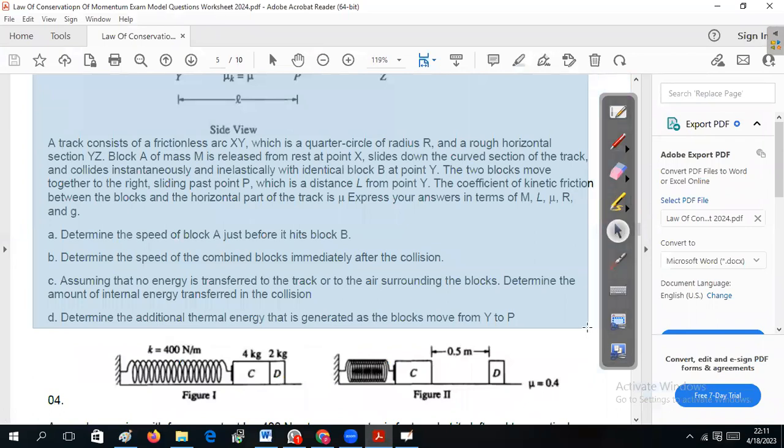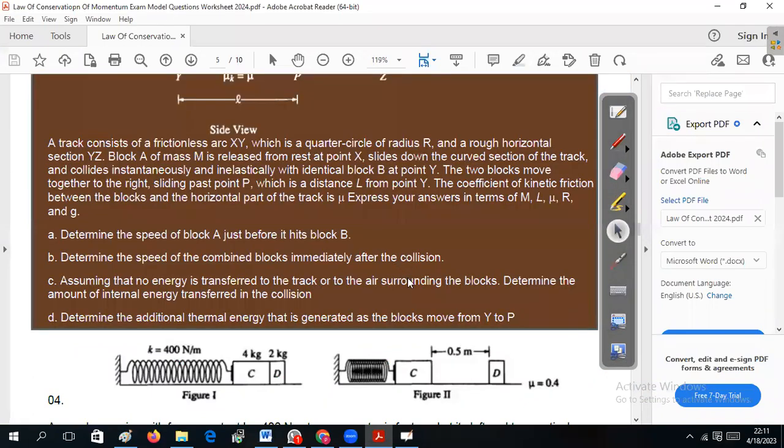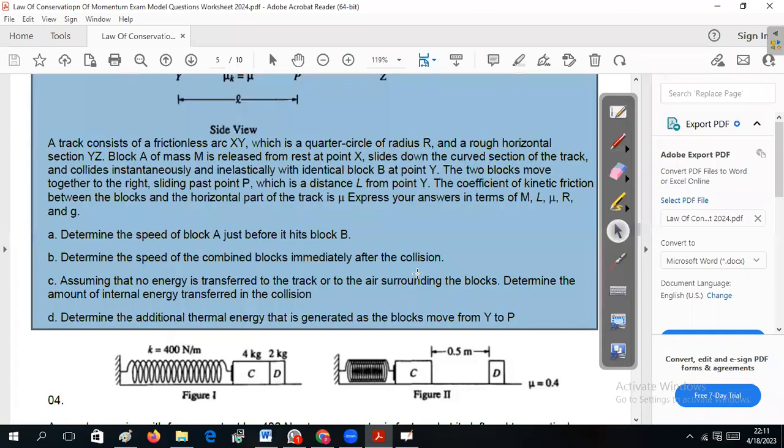I'll give you 10 minutes for each, so 20 minutes from here will be given for you to do the second question and third question, which I'll be discussing. Okay, so shall we start?